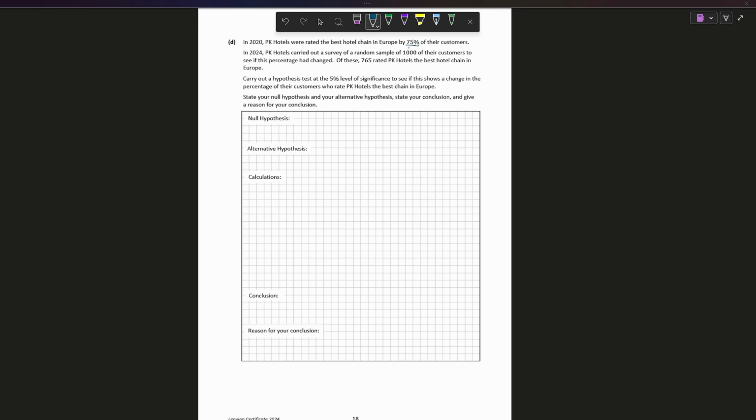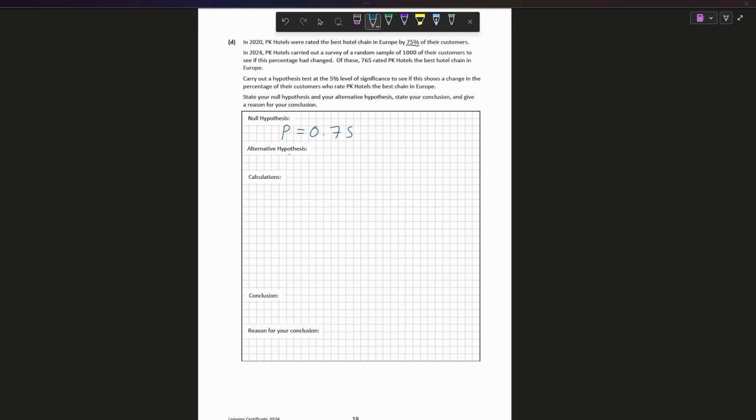So if it originally was 75%, our null hypothesis is that the proportion of people saying that it's the best hotel chain is 75% or 0.75.